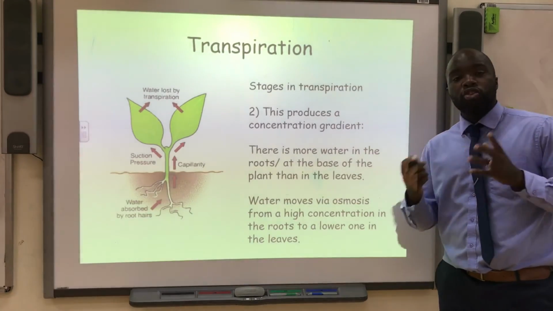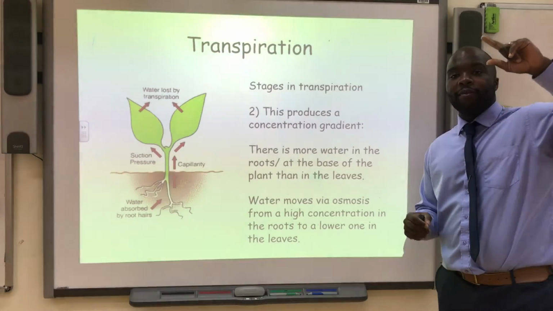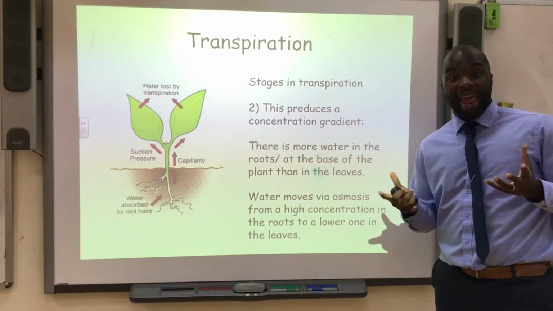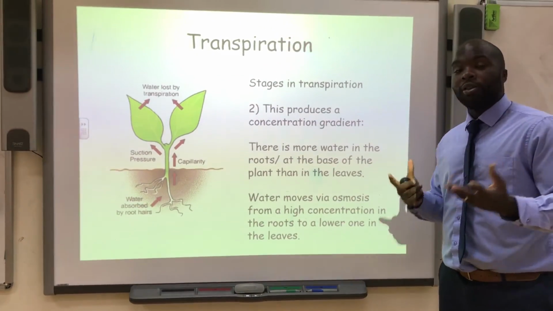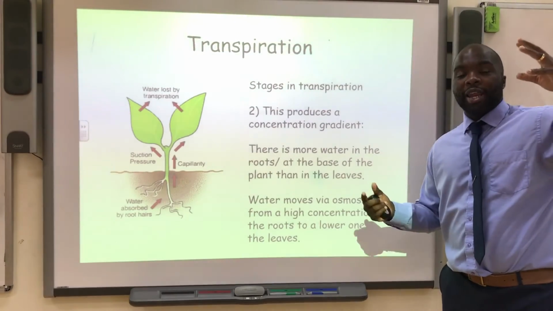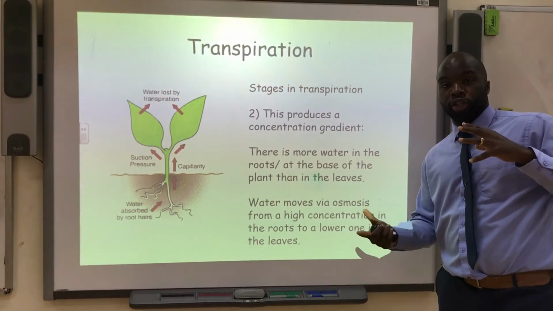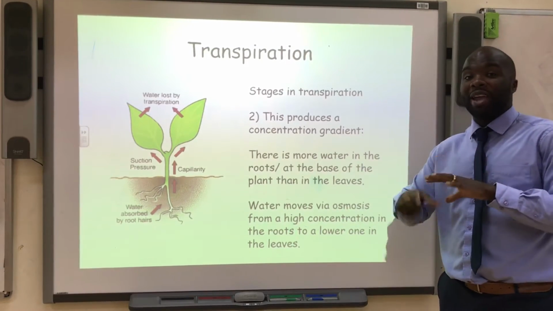Now, this concentration gradient, this movement of water from the roots right up into the leaves, also causes root hair cells, which you looked at in B2, to absorb water. Because as the water moves from the roots to the leaves, that maintains the concentration gradient, and it means that there's a lower concentration of water in the roots compared to the soil.